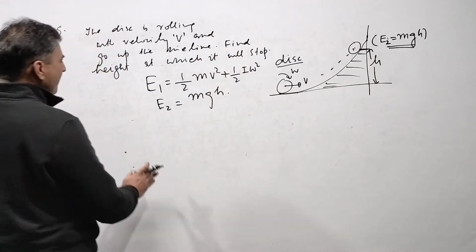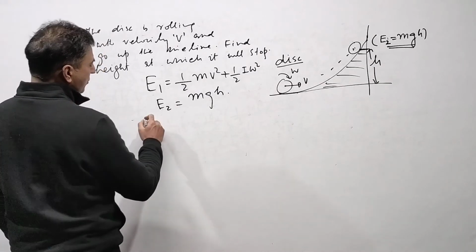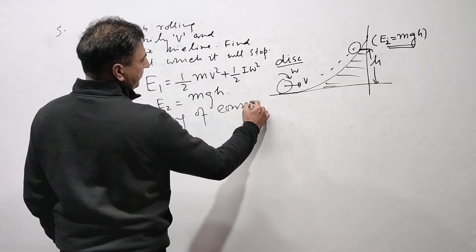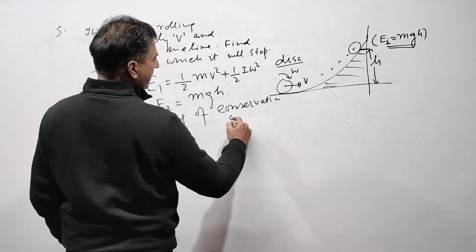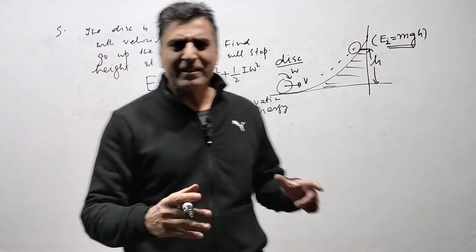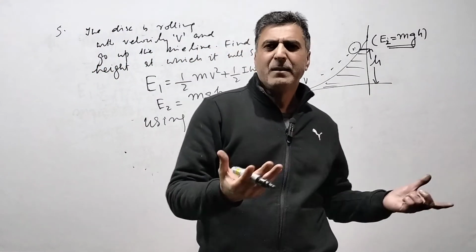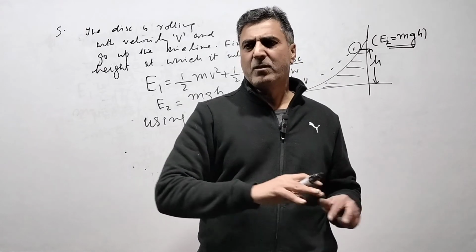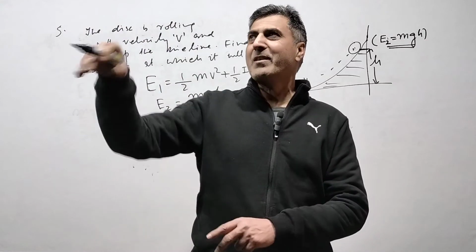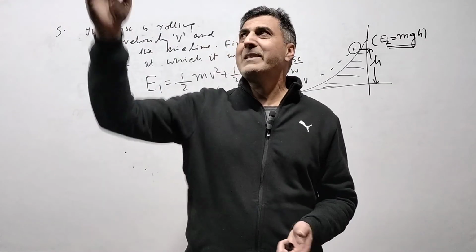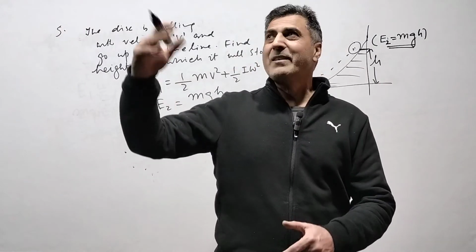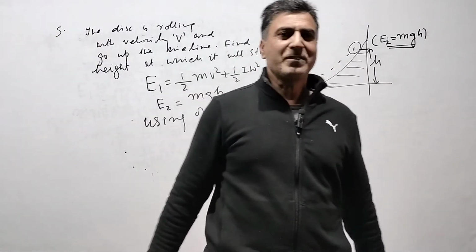So according to conservation of energy, क्या लिखेंगे? Energy has to be conserved. पहले जो इसका एनर्जी था, kinetic, translational and rotational, it goes slowly up and up and stops, and all its energies have been converted to potential energy, because by that time all this kinetic energy has exhausted, but at the same time that energy has converted into potential energy.